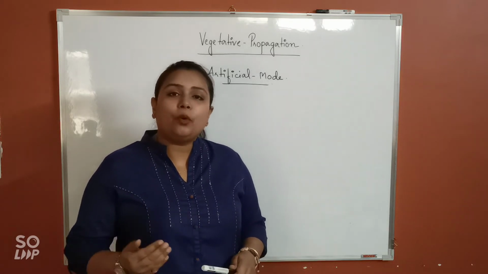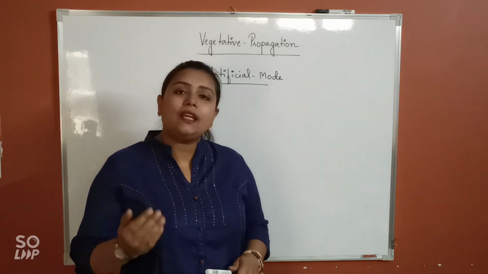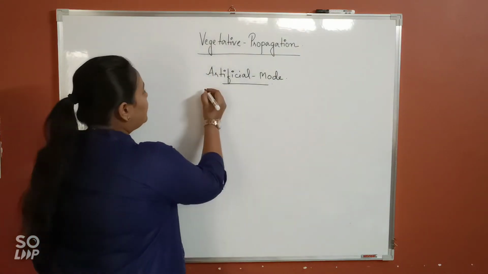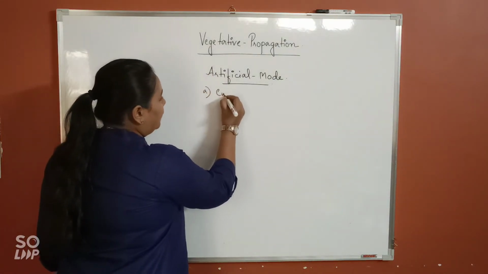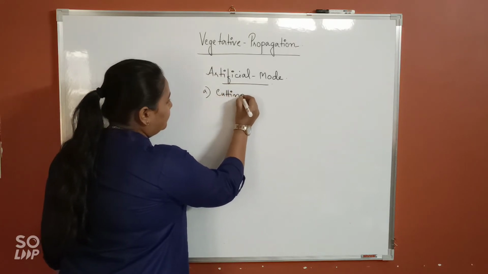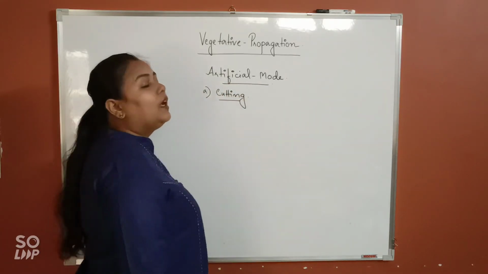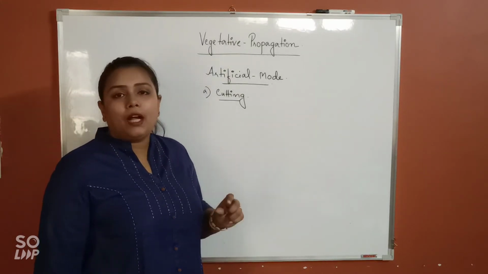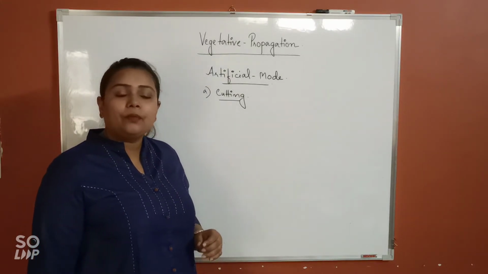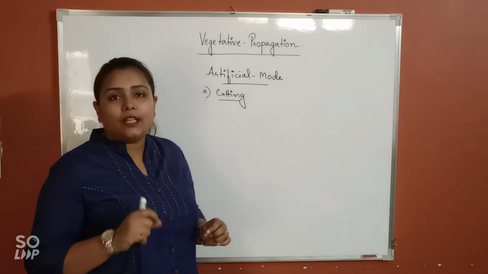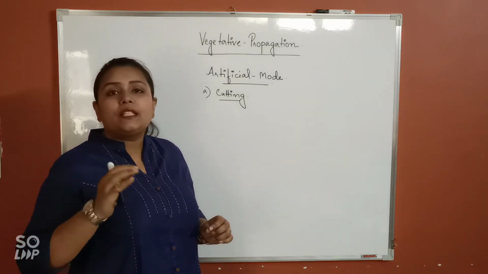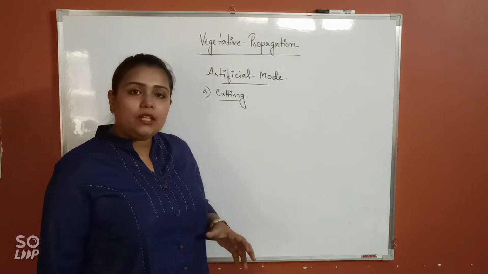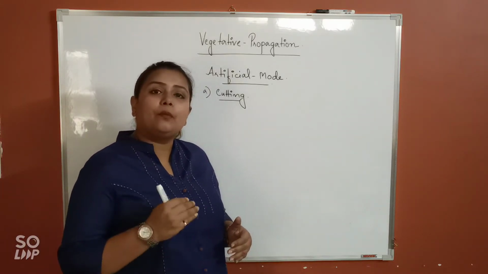Now, the artificial mode of vegetative propagation again consists of certain methods under it. First, let us start with cutting. In cutting, as the name itself suggests, a plant part would be cut out. That plant part that has been cut out is then dipped into dilute auxin solution, because auxin, as you know, helps in the promotion of roots.